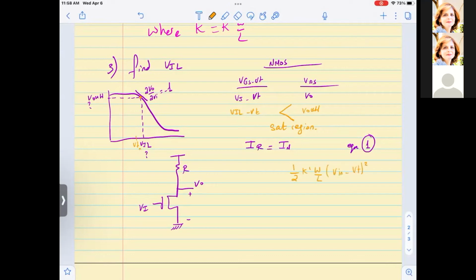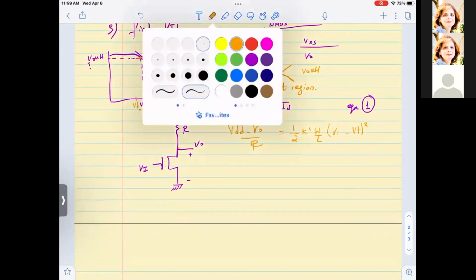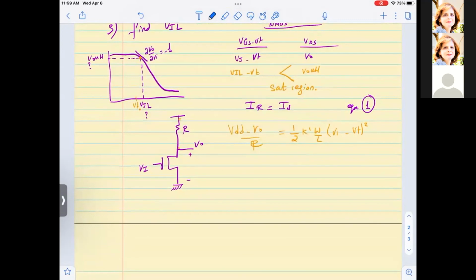هلا in this solution, we do not substitute VIL directly. We keep it as VN, لأن بعدها نعمل differentiation. وهون ال IR على طول هي VDD minus VO على R. هلا بدي another relation. I don't know what's VN and V out, so we are going to take del of equation 1 by del Vn.